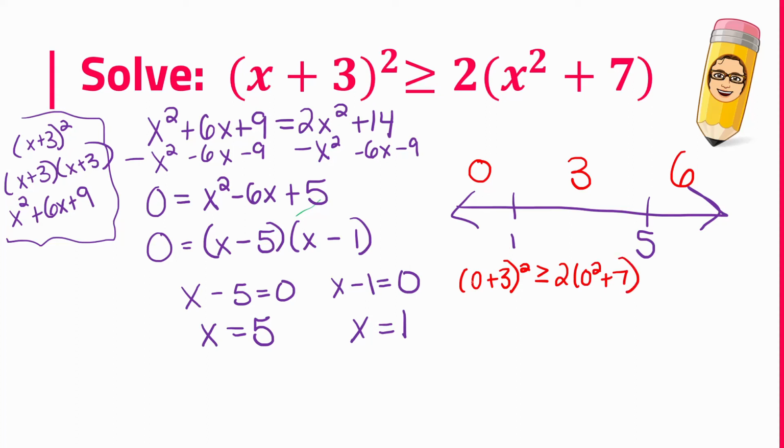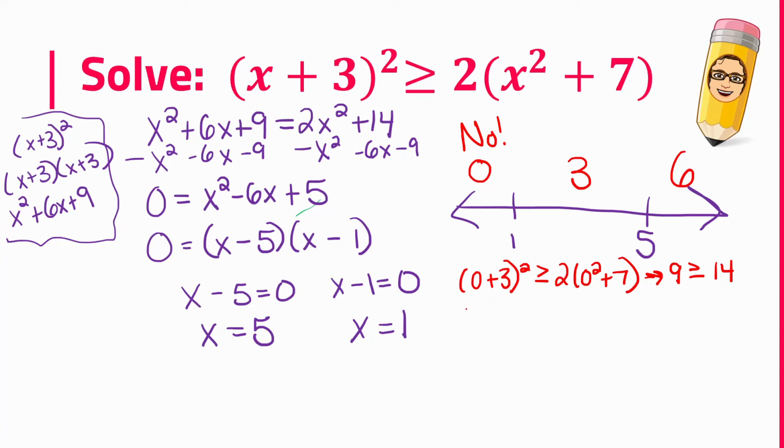All right, so 0 plus 3 squared, well, 3 squared is 9, is greater than or equal to 0 squared is 0 plus 7 is 7 times 2 is 14. So is 9 bigger than or equal to 14? Nah, right? That's a no.